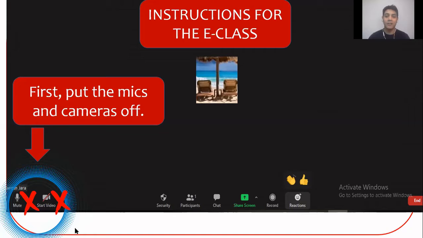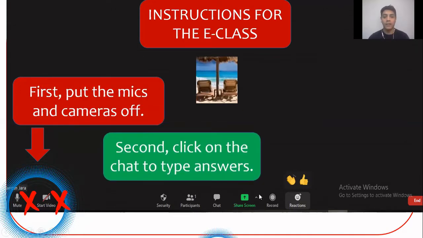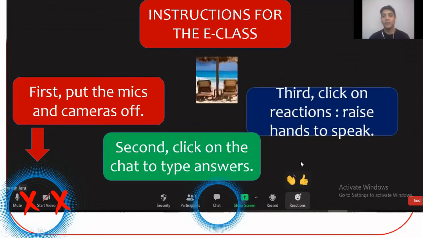Okay. Second, I want you to click on the chat box, right? This is the chat box where you can click on it and start texting, or you can answer questions that I might have for you, or you can also ask any questions if you have them. And finally, I want you to click on the reaction buttons, right? Here are the reaction buttons.